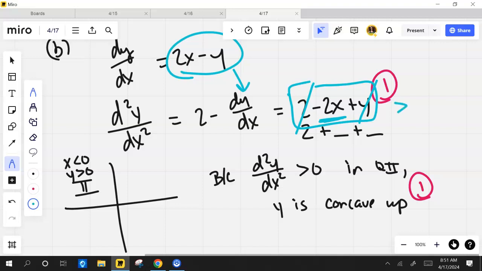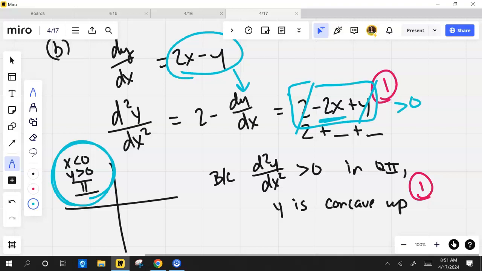So this is always positive when I'm in this quadrant. So since the second derivative is positive, that means concave up. That one was a little bit confusing, limiting it to a quadrant instead of a range of numbers.